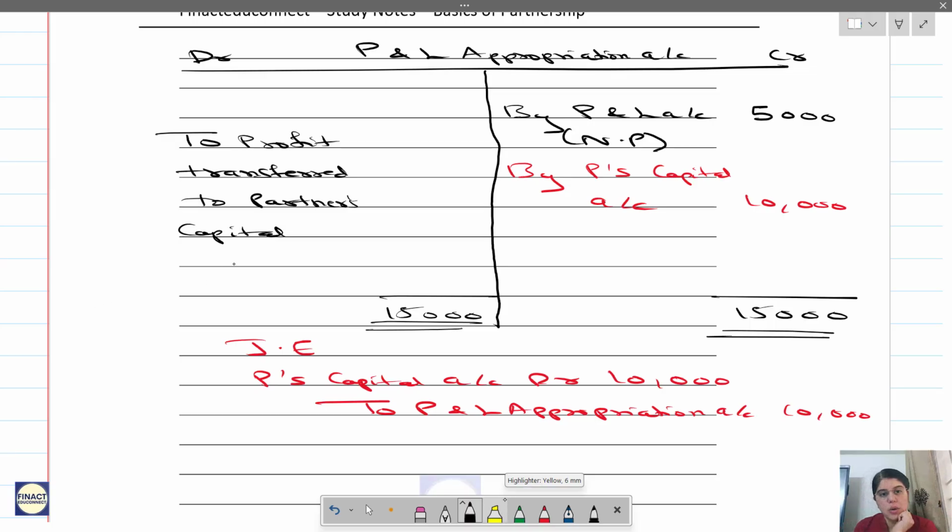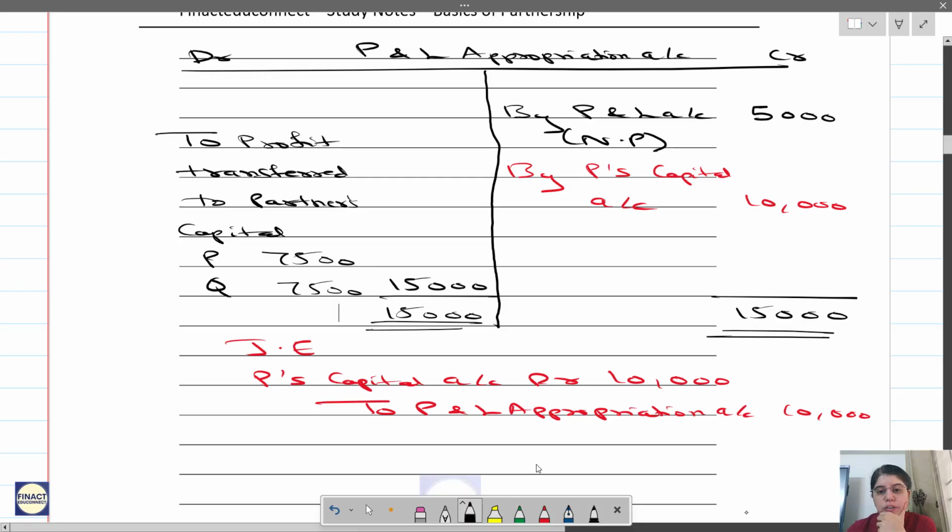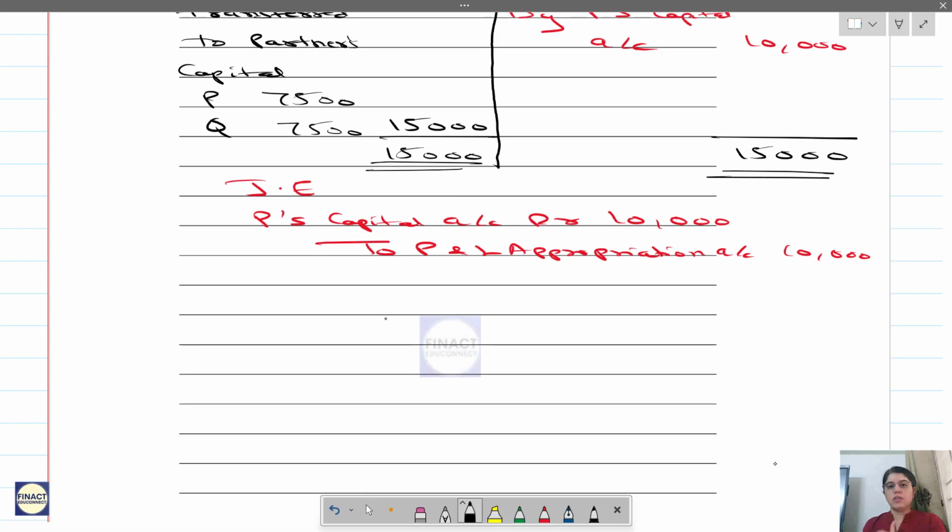Yes, P and Q. So their profit sharing ratio is equal, so this 15,000 will be distributed equally. That is 7,500, 7,500. So this is the first journal entry for deficiency. Second journal entry for distribution of profit.